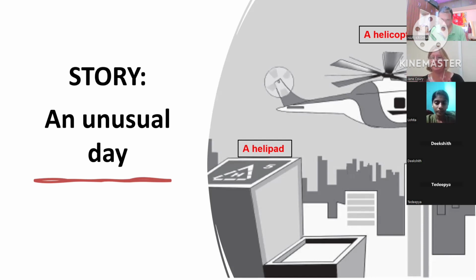So São Paulo has many buildings. And on top of these buildings, some of them have a helipad, which is where the helicopter lands. Okay. Sometimes a helipad can be on the ground as well, but in São Paulo, as there are so many buildings, they are on the top of the buildings. Okay.